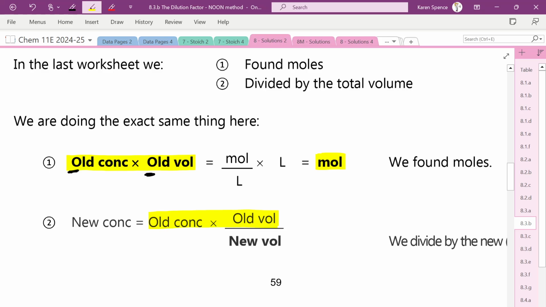We have our old concentration times our old volume, which is equal to the moles. And then what did we do with those moles? We divided them by the new volume. Okay, so we're taking our moles and dividing by the new volume. So it's new concentration, old concentration times old volume over new volume.